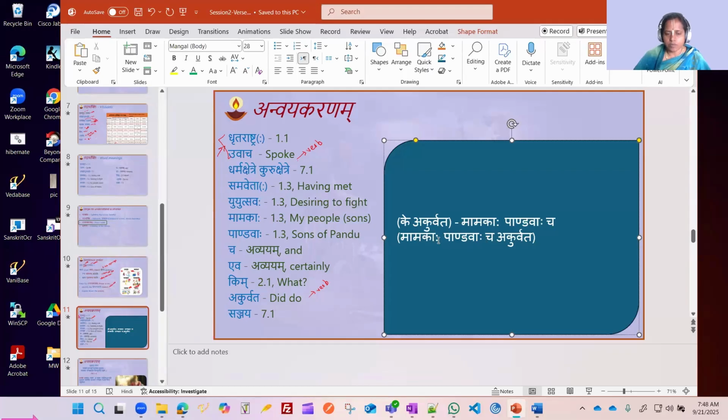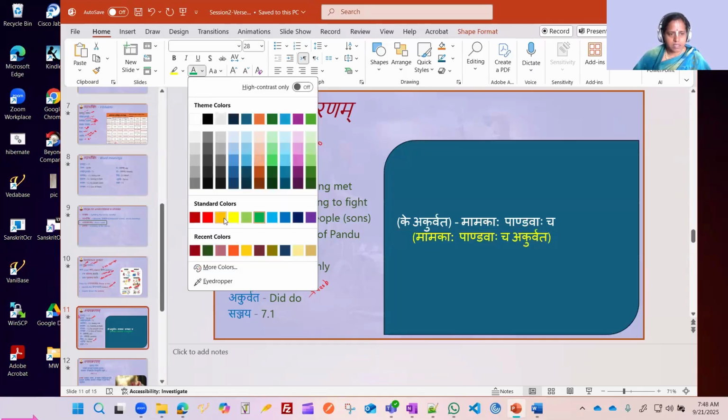Basically all we are saying is like Ramaha Kadati, so Pandavaha Mamakascha Akurvata. So the Pandavas and Kauravas have done. That's what we got so far. Correct? Now I will indent this. We are building up the prose order now. I will put it in a different color, maybe. That's easy. Okay.